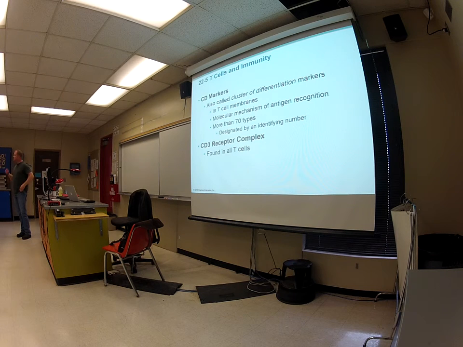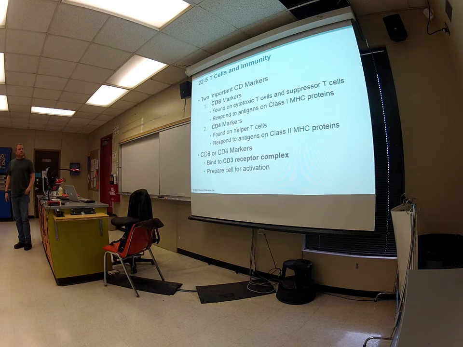CD markers. Now, we talked about this, didn't we? Did we make it to CD markers? Good. CD4 and CD8 are the ones that we're going to focus on. There's a lot more. CD8 markers are found on cytotoxic T cells, MHC1 receptors. CD4, MHC2 receptors. A CD4 is a helper T cell.